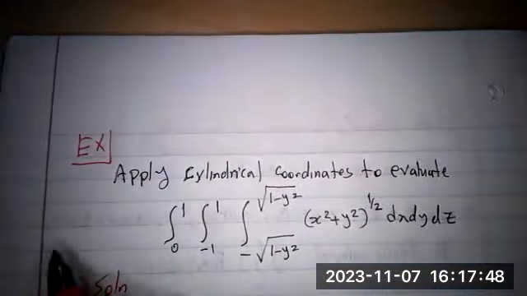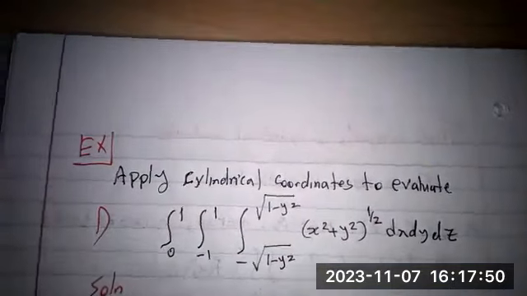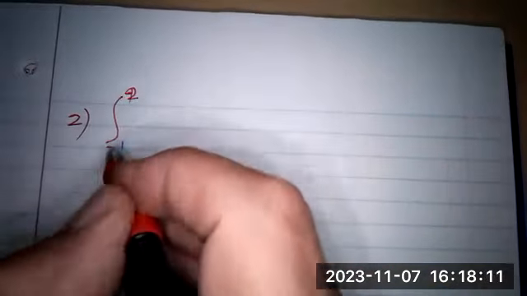So the second example, the first one was for the cylindrical. Let's call this one number 1. Again, cylindrical coordinates for this part. What is the integral? Again, it's a very popular integral, from -1 to 1. Let's change it a little bit for this one: from -2 to 2.